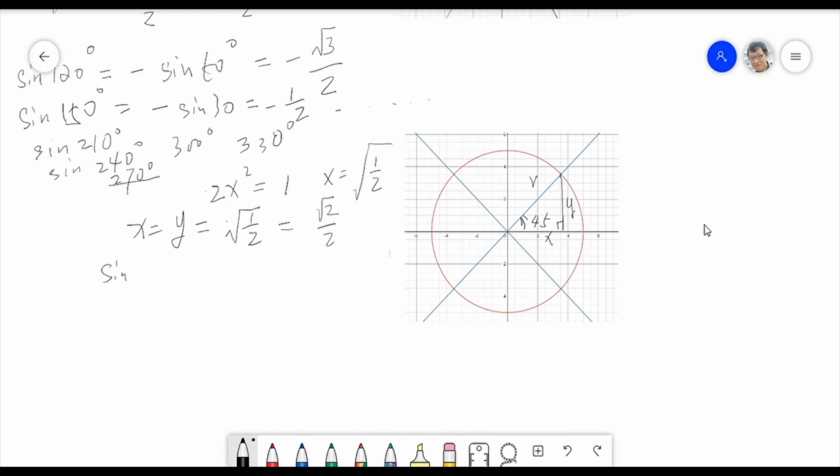So sine 45 degree equals what? It's exactly here because r is 1, right? The cosine should be the same because the sides x and y are the same. So cosine 45 degree, and you can also write cosine pi over 4. Pi over 4 is 45 degree, right? So it equals the same, right?